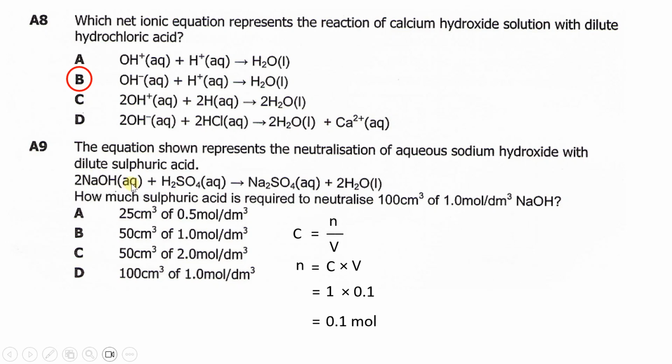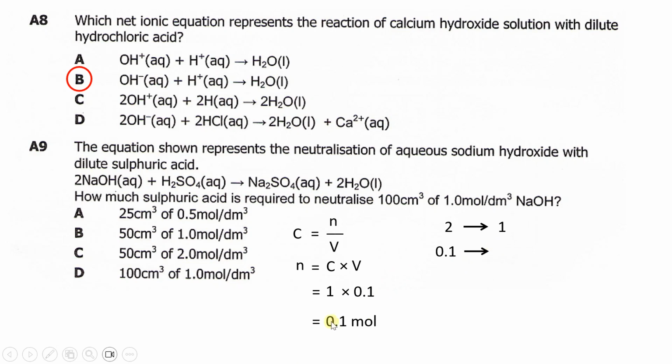Here we have a 2, here we have a 1. So we have a 2 to 1 ratio in this reaction: 2 moles of sodium hydroxide with 1 mole of sulfuric acid. But for sodium hydroxide, we have calculated that the actual moles provided are 0.1.